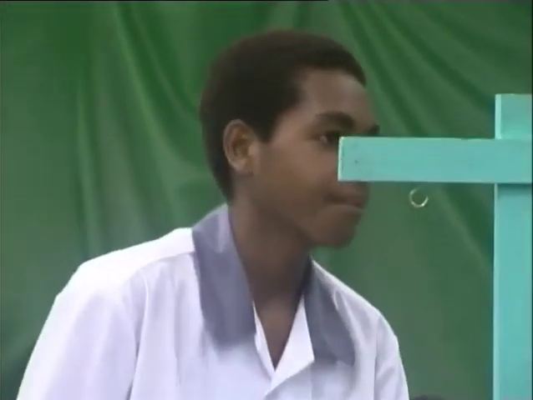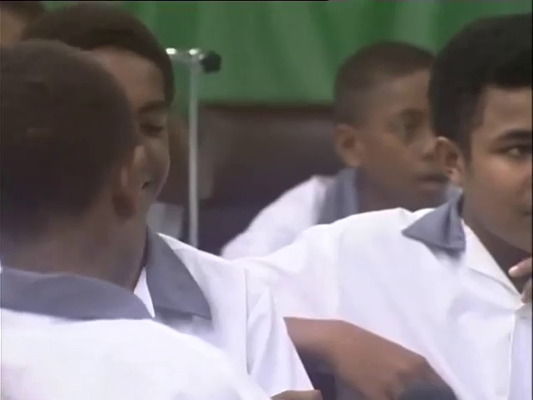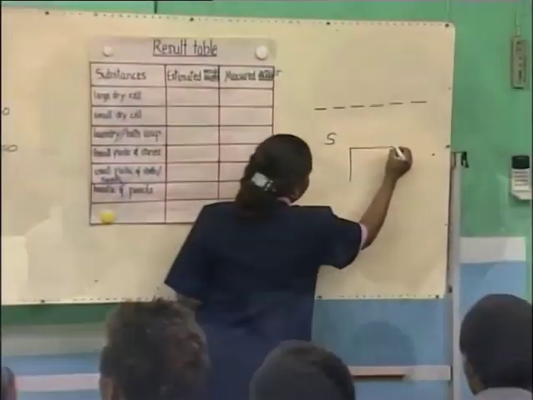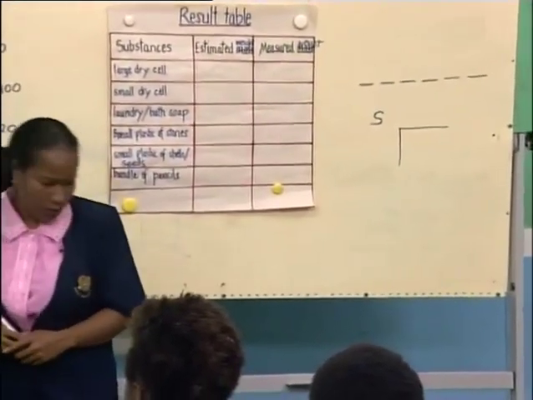S. Sorry, Emmanuel, not letter S. I am drawing the bar now to hang you.